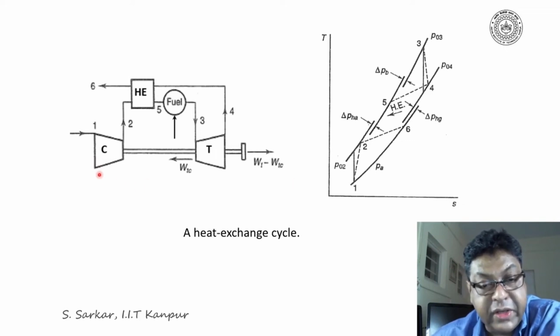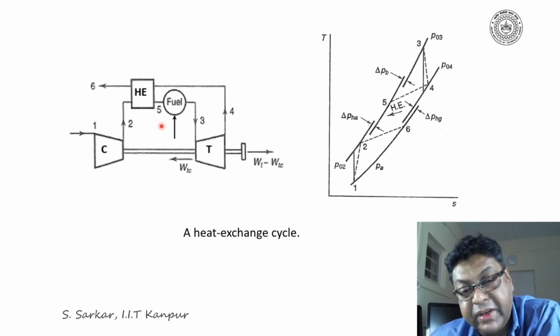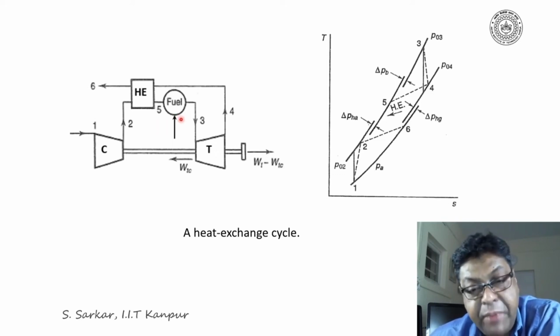Air is compressed in the compressor, then it passes through the heat exchanger where it is preheated before entry to the combustion chamber. Then the fuel is burned, and the high temperature, pressurized gas is expanded in the turbine.